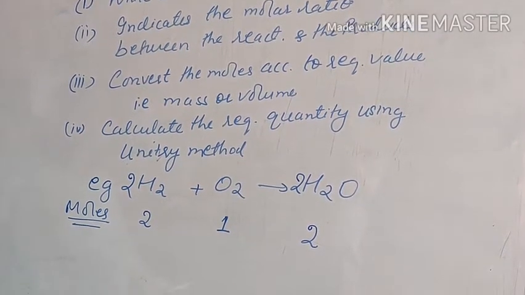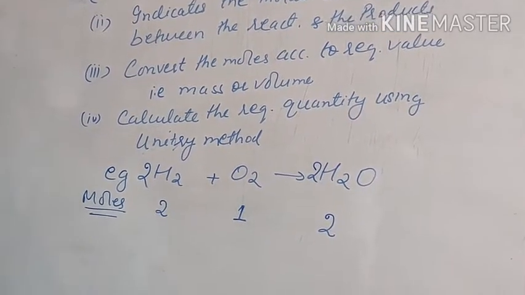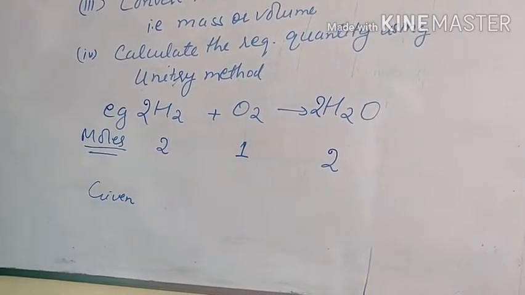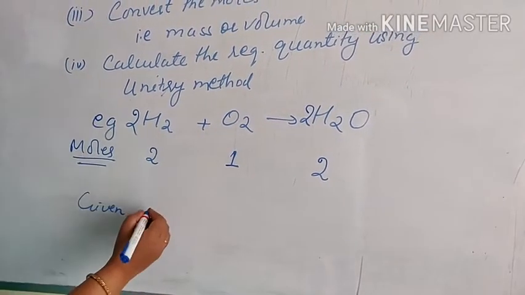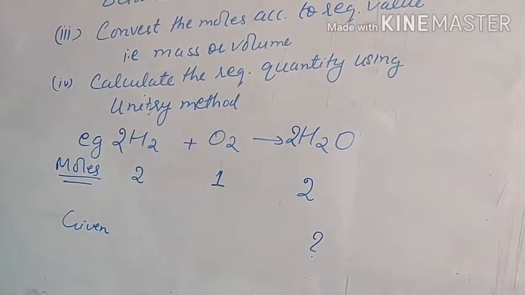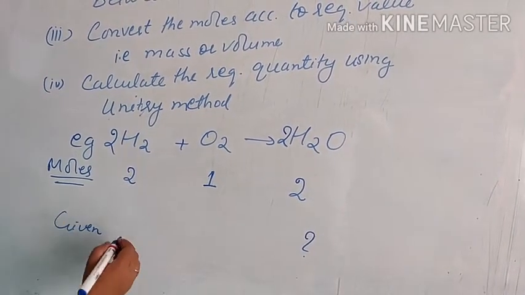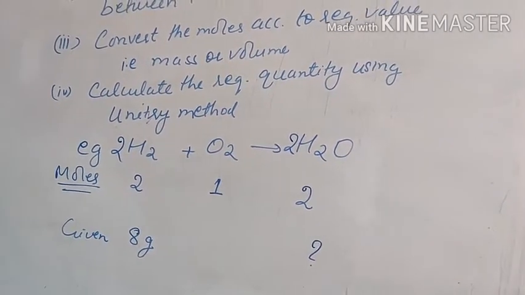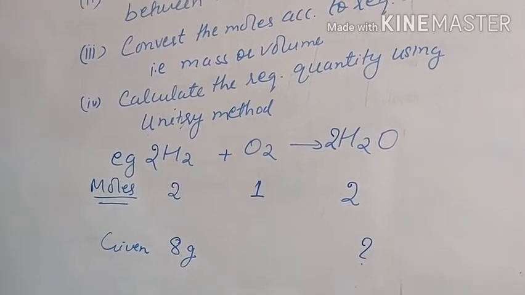For example, suppose in the question you are given: how many grams of water will be produced if 8 gram of hydrogen reacts with oxygen. So this is the question.